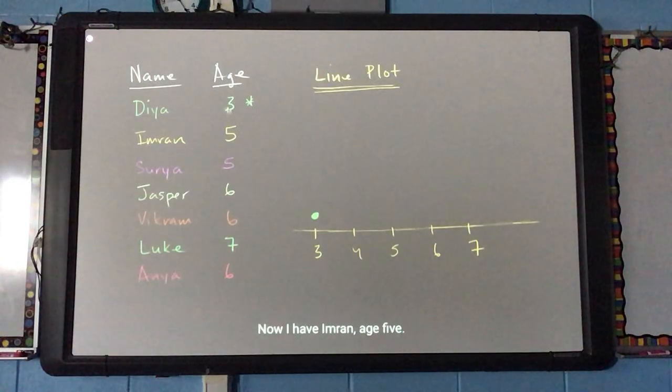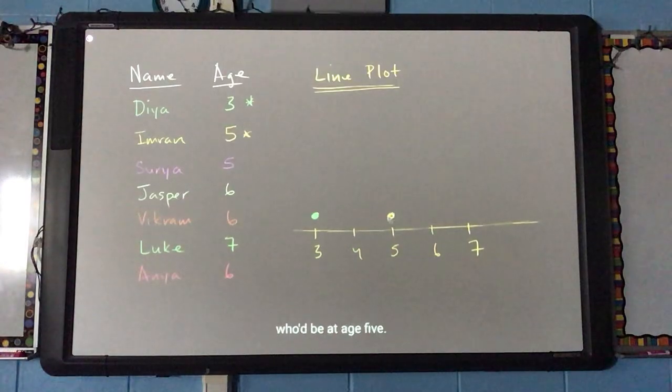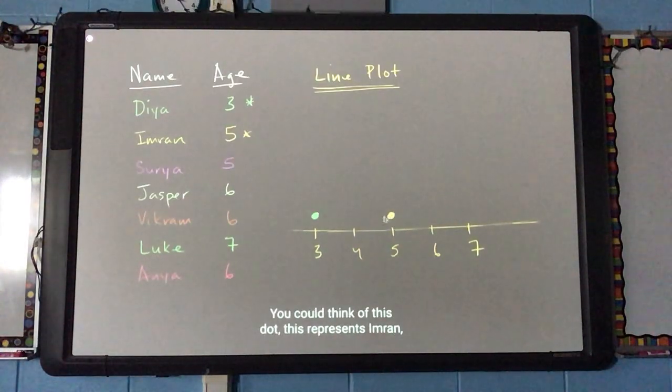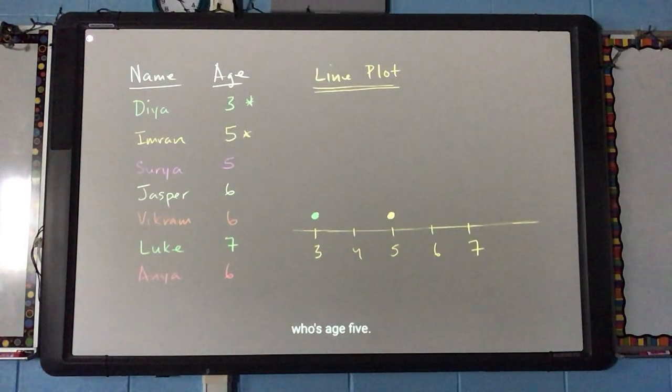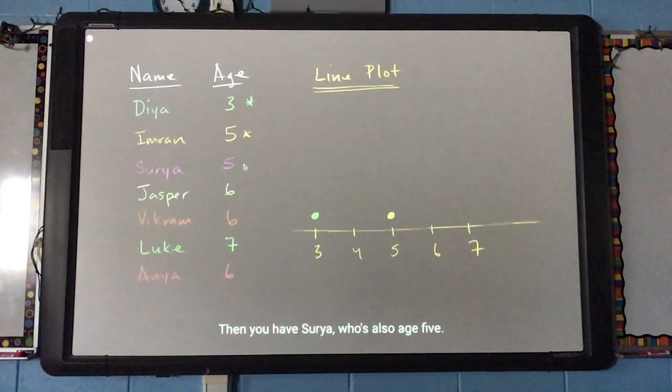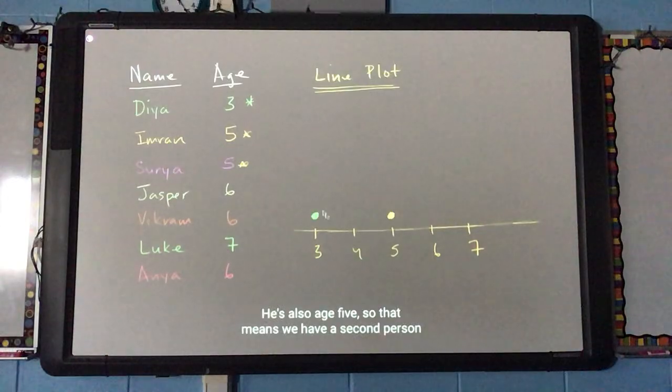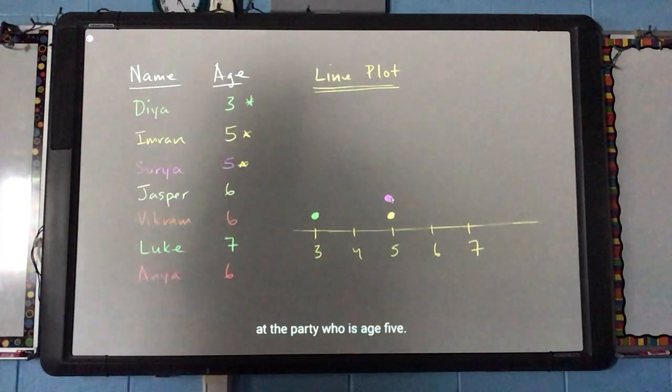Now I have Imran, age 5. So that's someone right over here who would be age 5. You could think of this dot, this represents Imran, who's age 5. Then you have Surya, who's also age 5. So he's also age 5, so that means we have a second person at the party who is age 5.